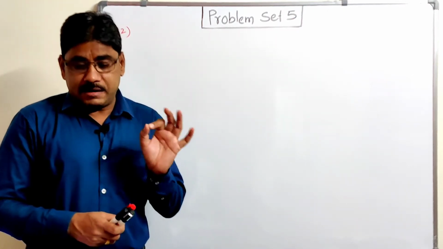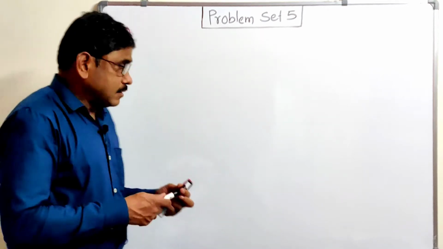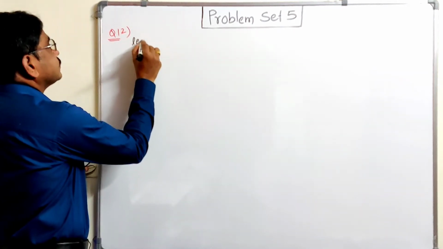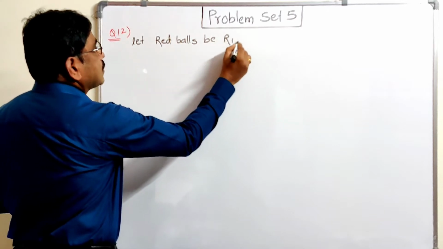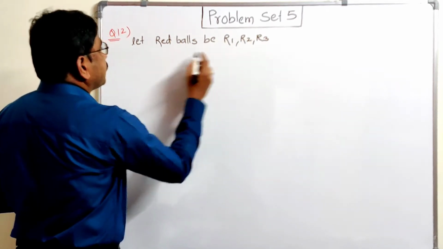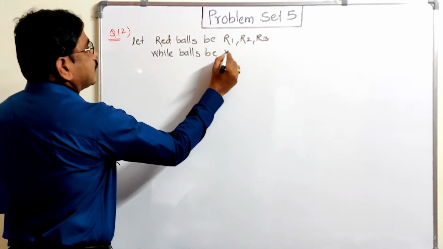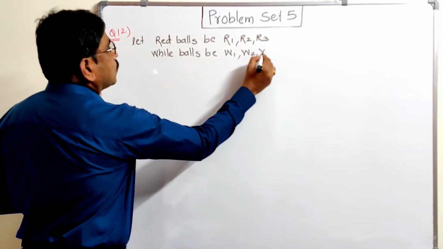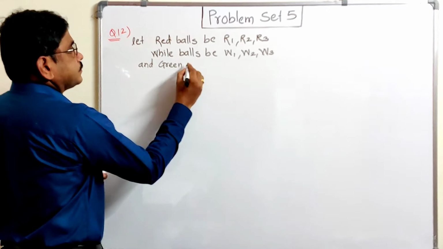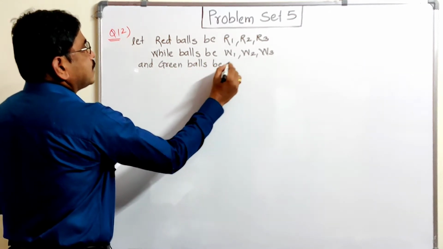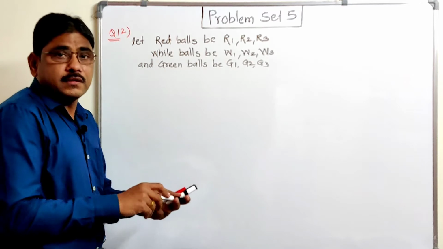Let the 3 red balls be R1, R2, R3, the white balls be W1, W2, W3, and the green balls be G1, G2, G3. So these are the balls.